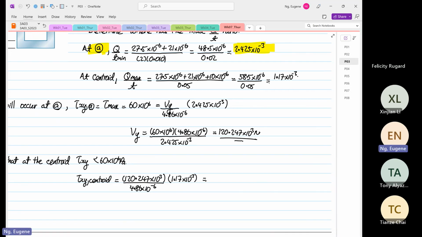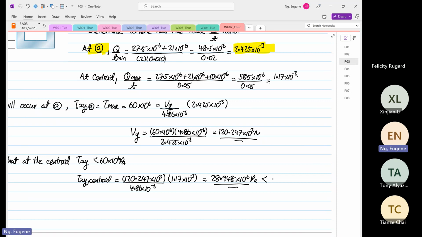Okay, so 120.247 power 3 times 1.17 power minus 3 divided by 4.86 power minus 6 is equal to 28.948 times 10 to the power 6 Pascal.